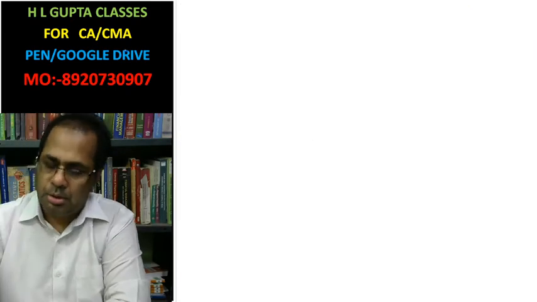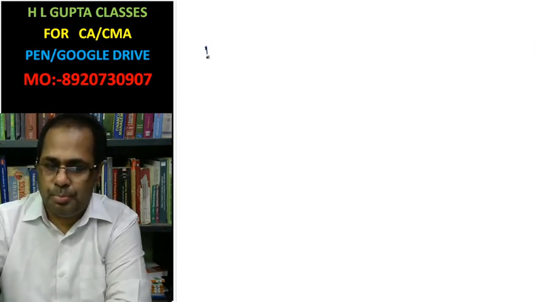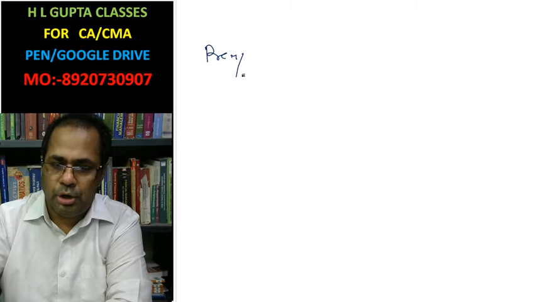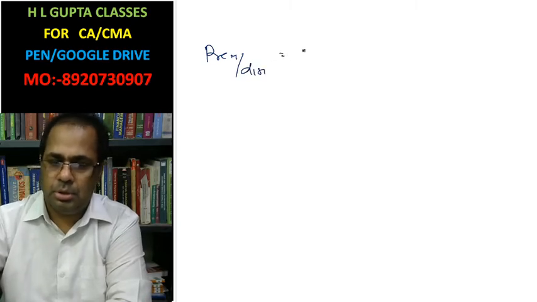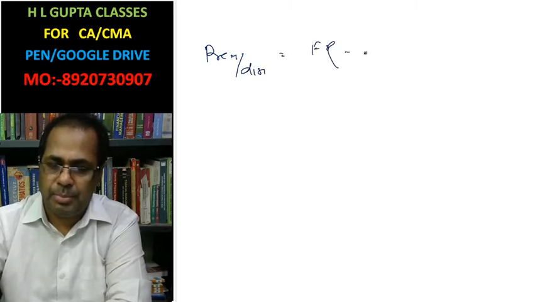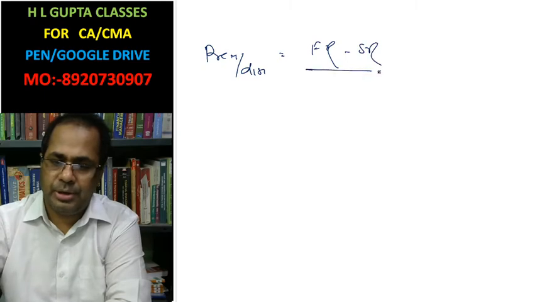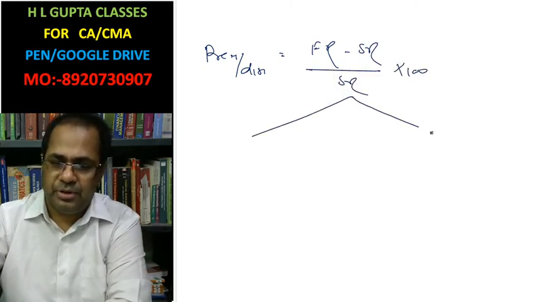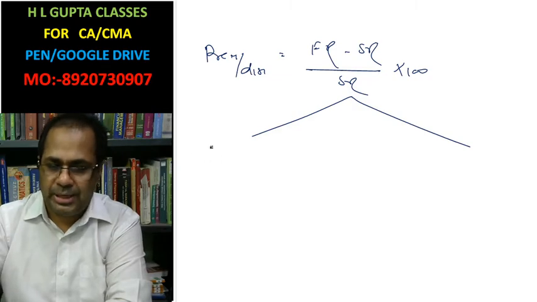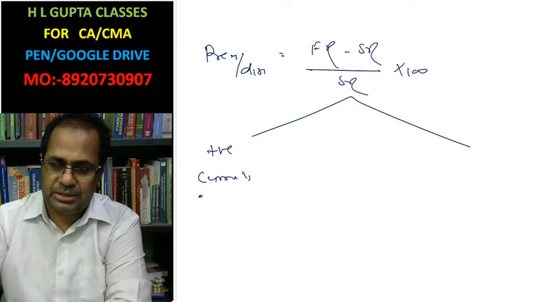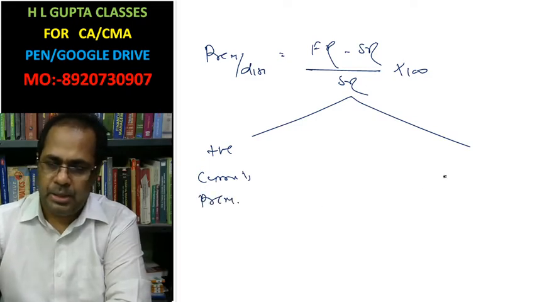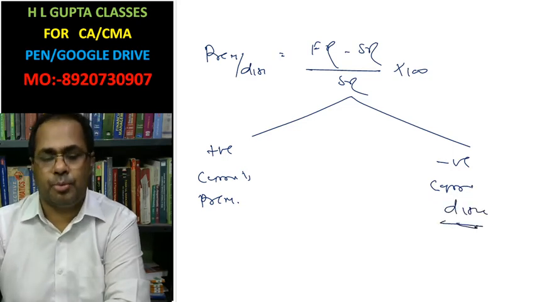Look at it: forward rate minus spot rate, upon spot rate, into 100. If this value is positive, then the currency is at a premium. If the value is negative, then the currency is at a discount. This formula is applied for premium.